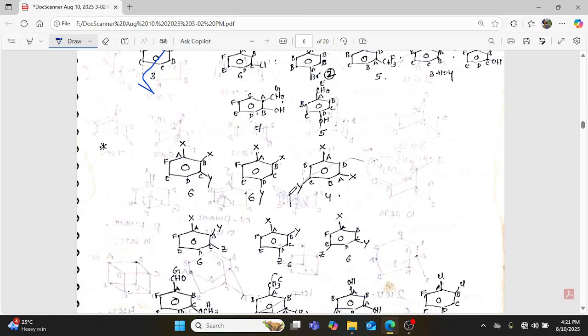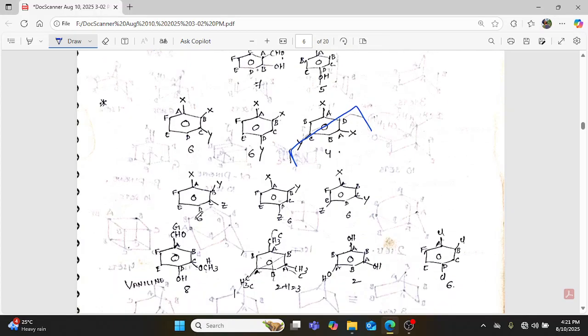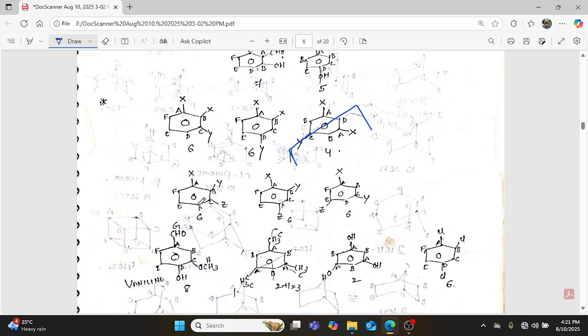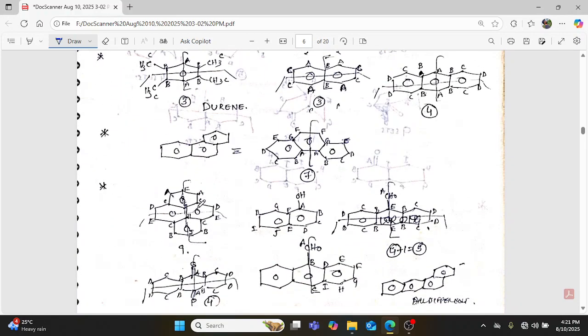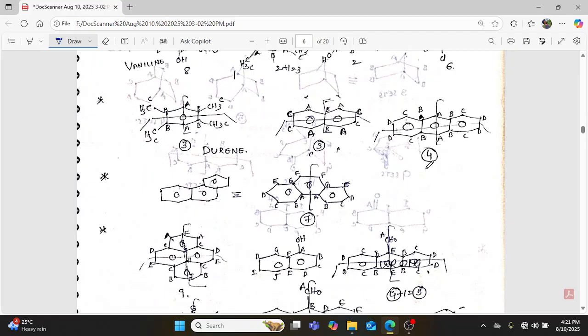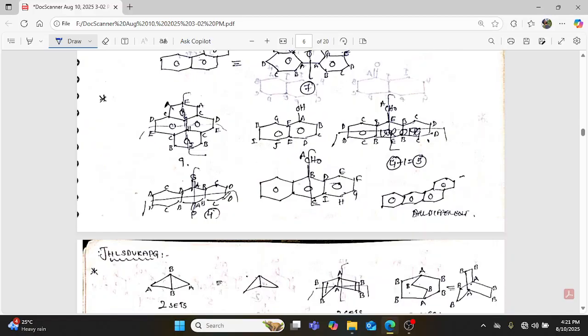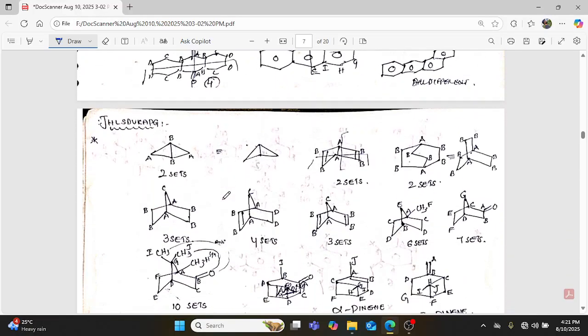But here see this, here there is a chance for a plane of symmetry. AA, BB, but C and D are different. Like that, we need to identify different non-equivalent sets of protons. These are all the examples. You can go through them carefully. Naphthalene, durene, anthracene, phenanthrene, all kinds of things.